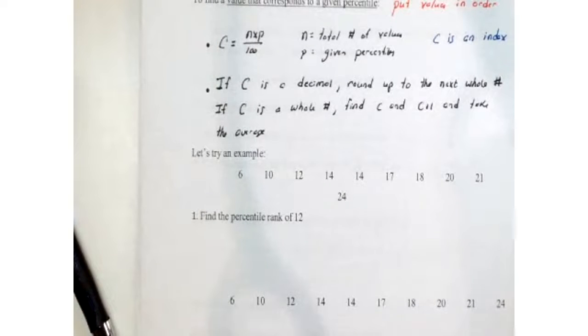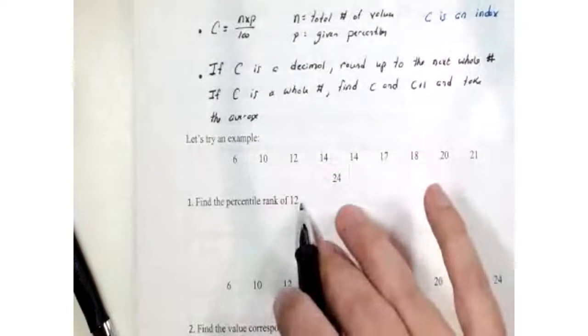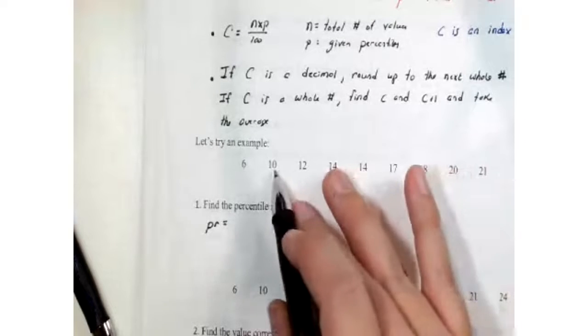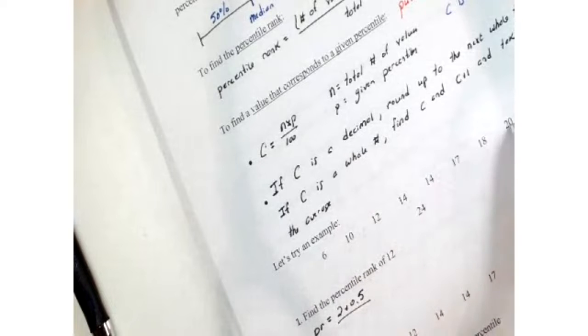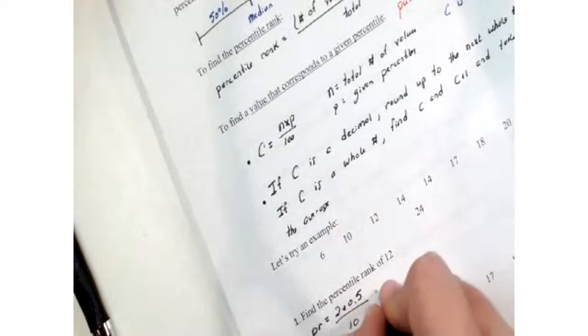So first, let's try it with an example. We want to find the percentile rank of 12. The numbers are already in ascending order, so that's helpful. PR is the percentile rank. PR is equal to the number of values less than 12, so that is 2, plus the correction factor of 0.5, divided by the total number of values, which is 10, times 100.